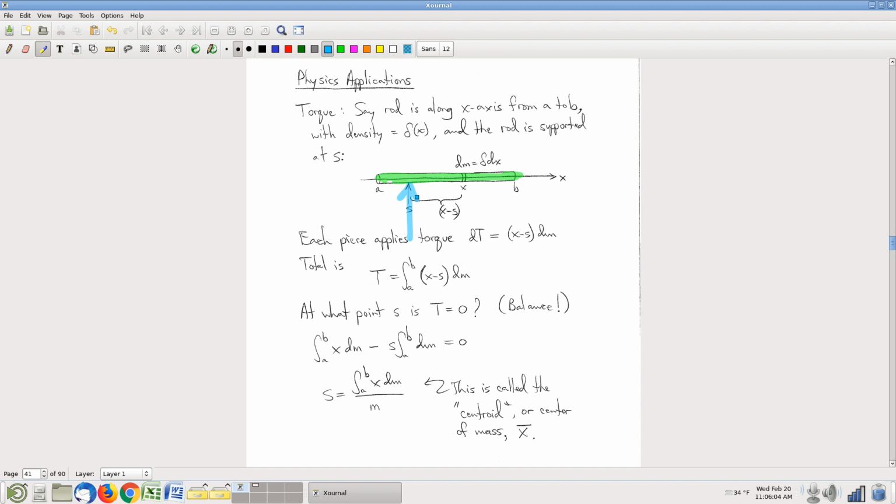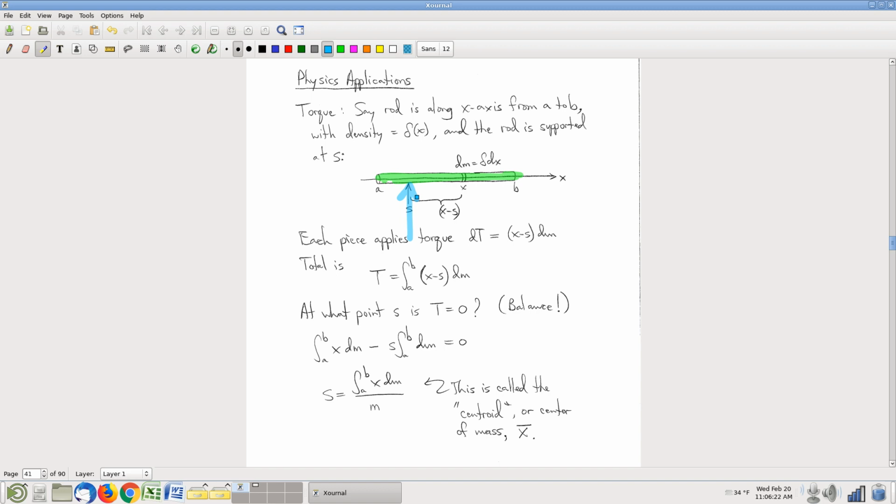This pen is supported there. It's applying a torque around that way. But over here on this side, the other side of the pen is making a torque the other way. And so the center of mass is the point where the torque on this side is the same as the torque on that side.